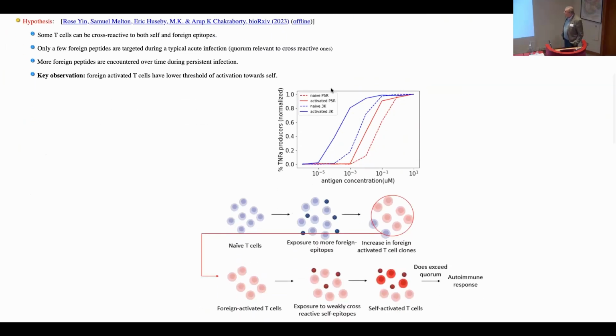So one of the things that our collaborator found experimentally was that if there is a T cell that potentially has some degree, the T cell receptor, I mean, as I said, it's really a question of binding.